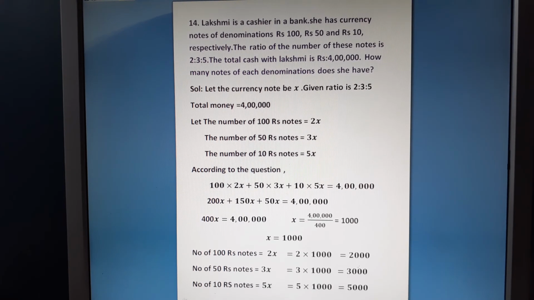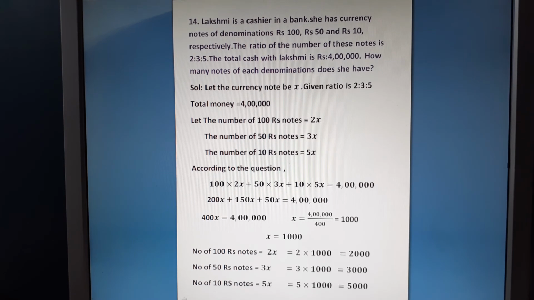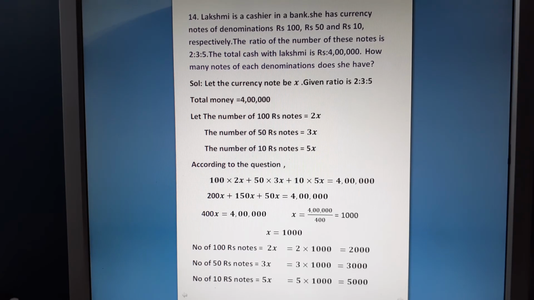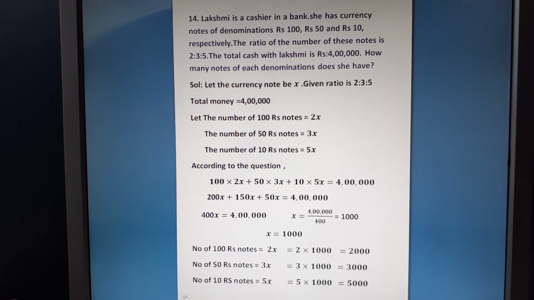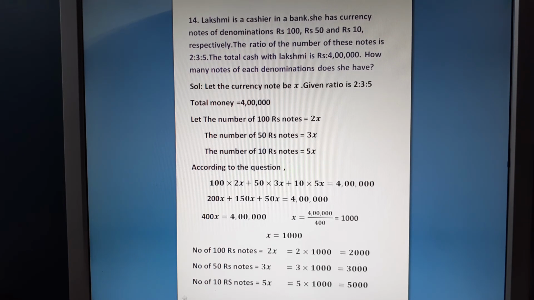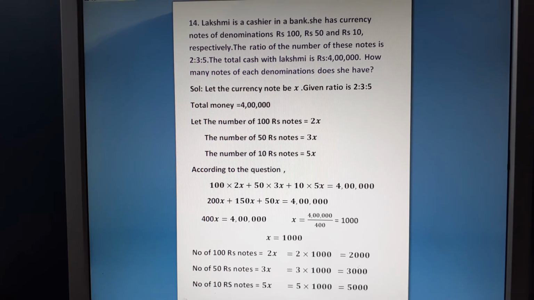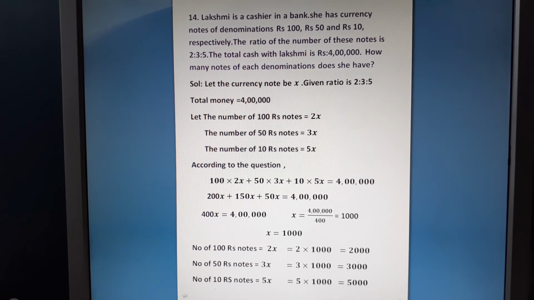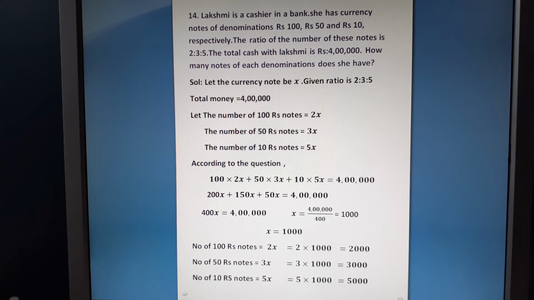According to the question, 100 into 2x plus 50 into 3x plus 10 into 5x is equal to 4 lakhs. 100 into 2x is equal to 200x plus 50 into 3x is equal to 150x plus 10 into 5x is equal to 50x. That is equal to 4 lakhs. 200x plus 150x plus 50x is equal to 400x is equal to 4 lakhs.